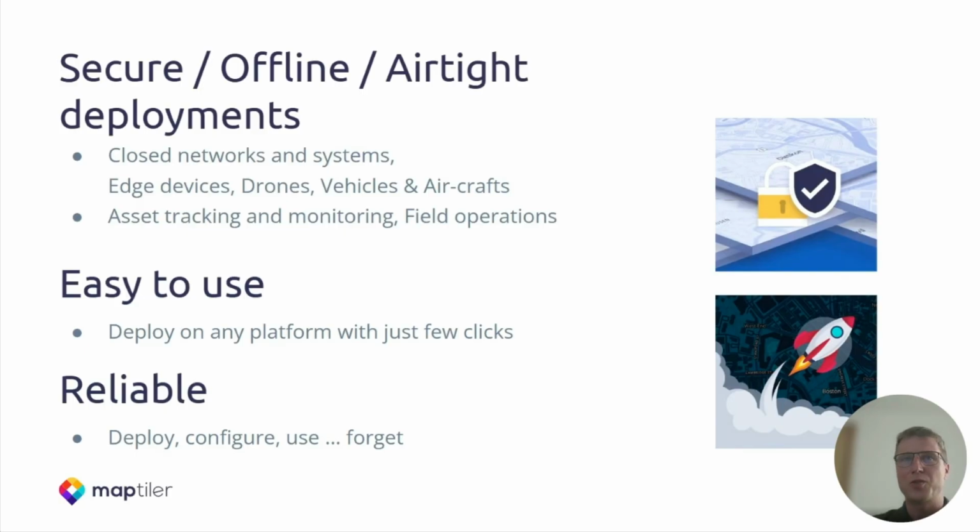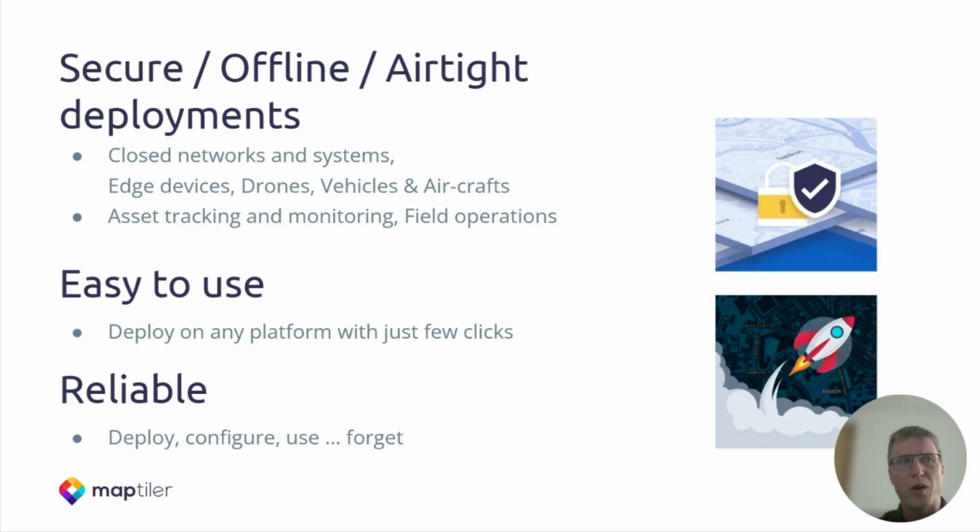Where it should be used. Anytime you can't use MapTiler Cloud, you can use on-prem on many platforms and architectures. With the last release, we have added support for ARM64 architectures. We have added support for Kubernetes and some other deployment options.